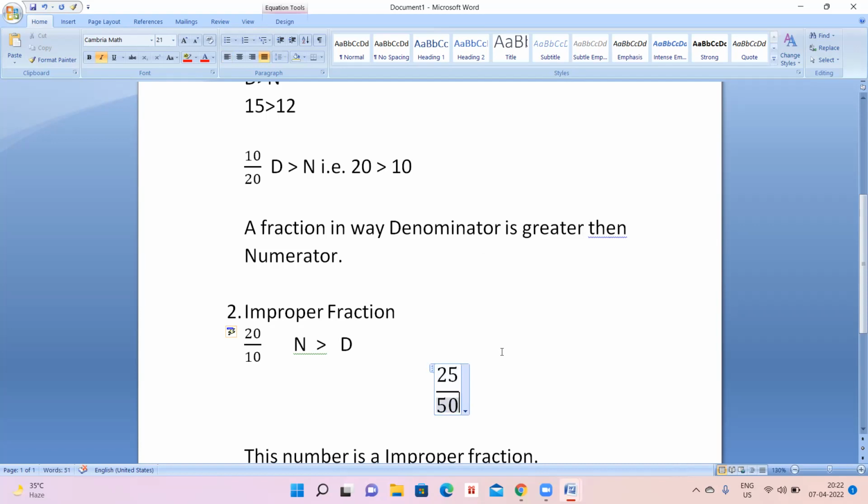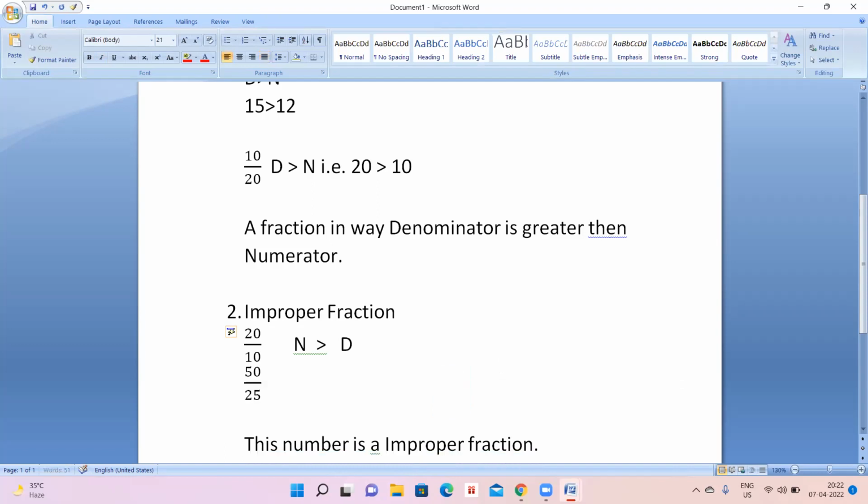My dear students, as you can see, here the numerator is greater than the denominator. You notice that 50 is greater than 25, and 50 is placed at the numerator and 25 at the denominator. So this type of fraction is called an improper fraction. My dear students, I hope you don't have any doubt at this point.